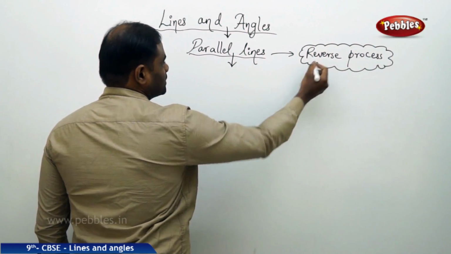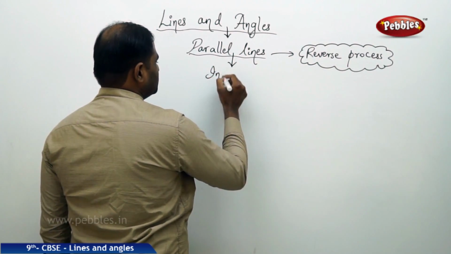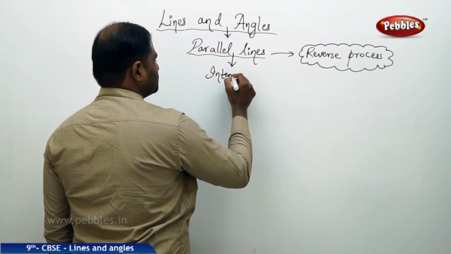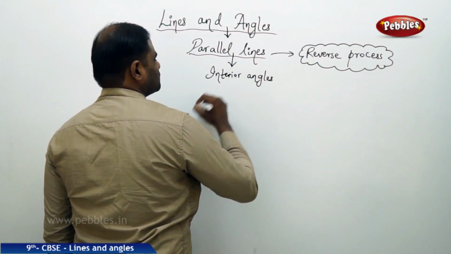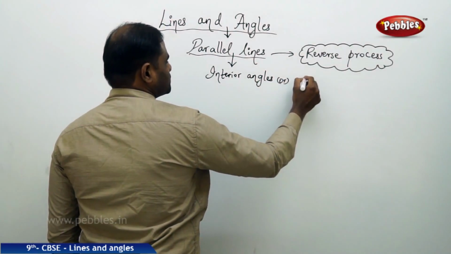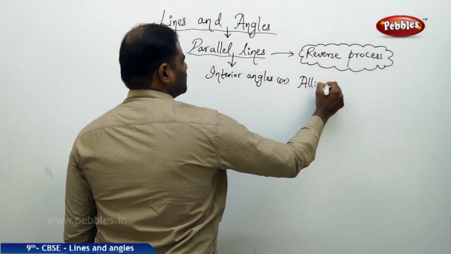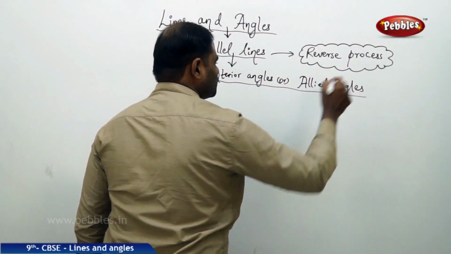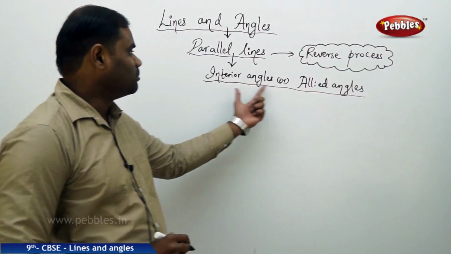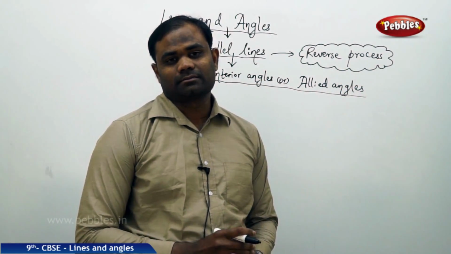Parallel lines in reverse process connected with interior angles, or in this case more specifically called allied angles, on the same side of transversal being called allied angles.